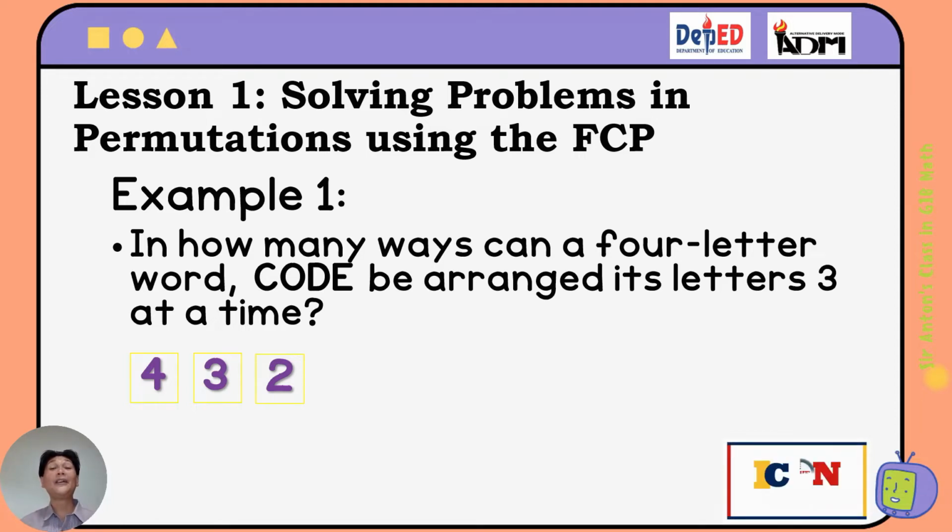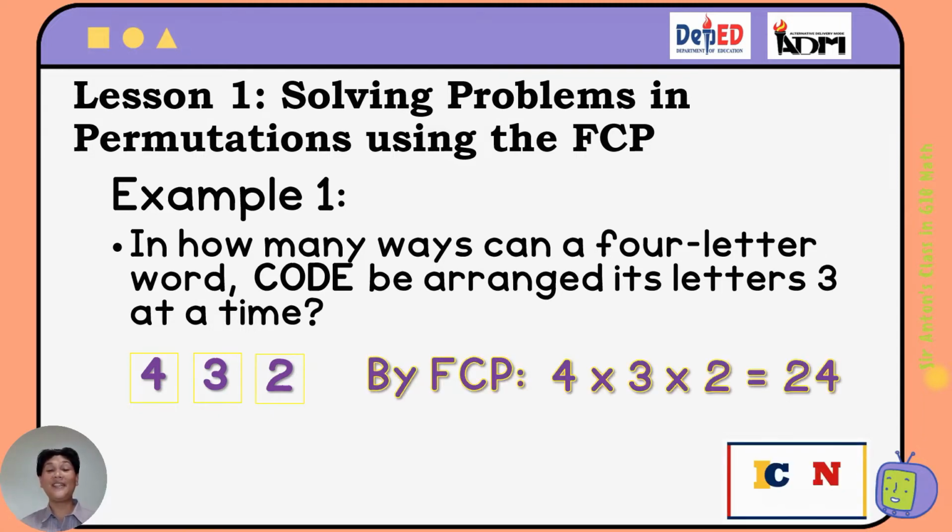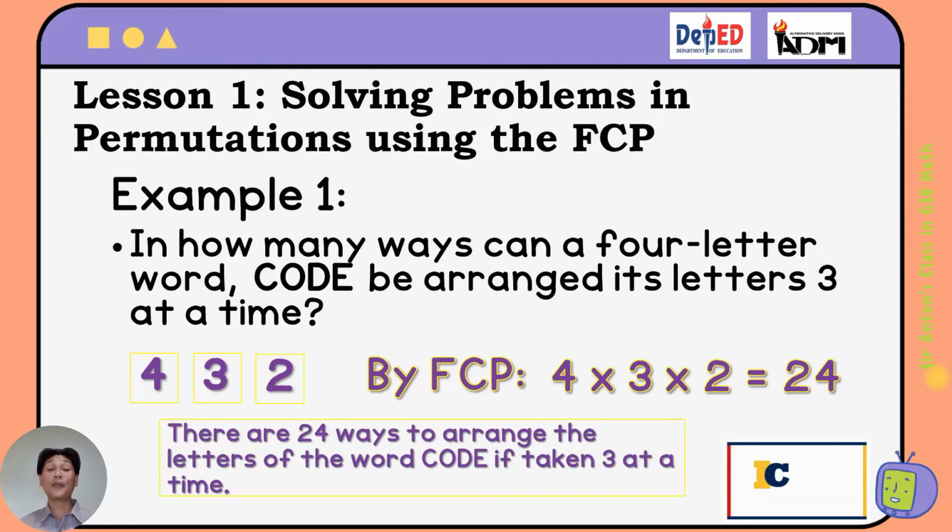So these are the numbers that we are using. And by FCP, the solution would be 4 times 3 times 2, which is equal to 24. So, there are 24 ways to arrange the letters of the word CODE if taken 3 at a time.